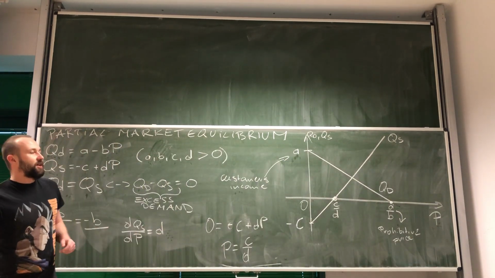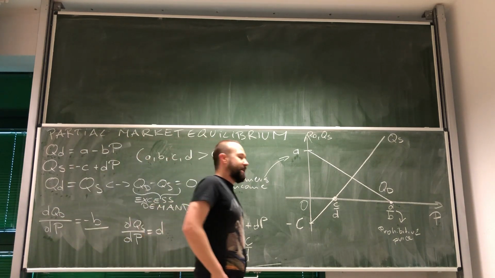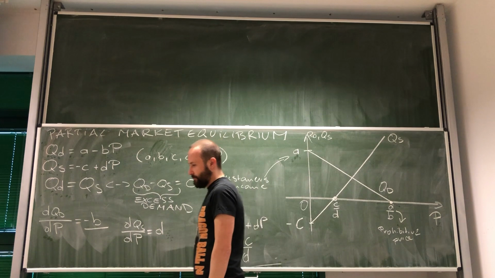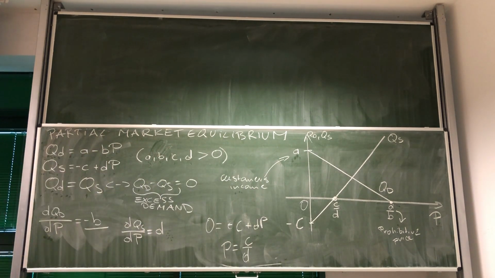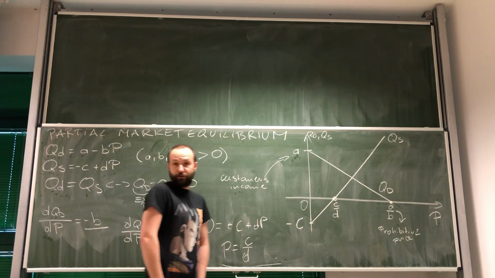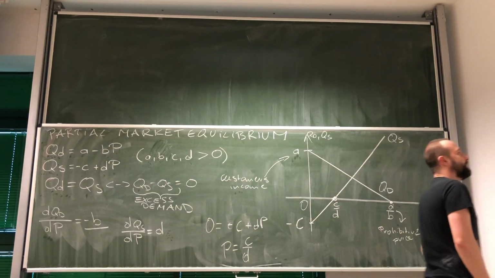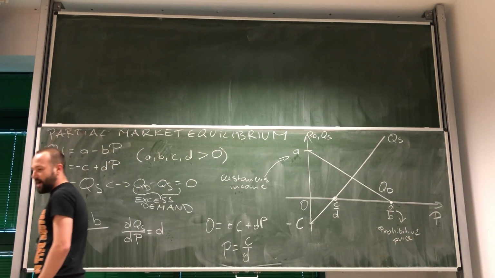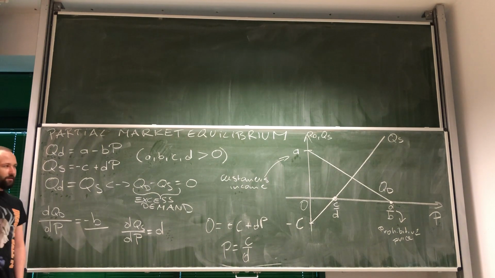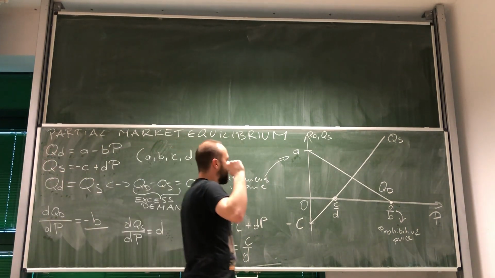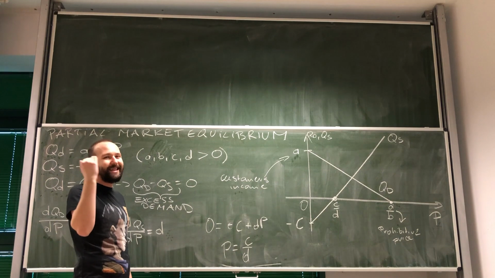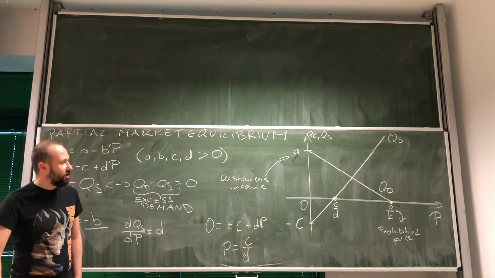Why? Look, imagine that the cost of producing your good is $1. If the price of this good on the market is 50 cents, would you produce this good? Well, definitely not if you're a rational human being, right? Because you would be just losing money. So in order for you to produce, the price needs to be at least a little bit bigger than the cost of production.